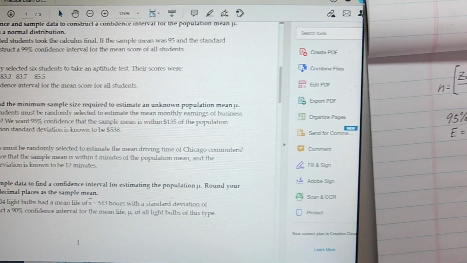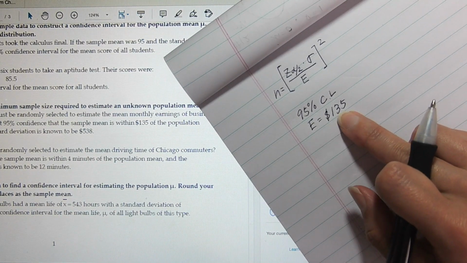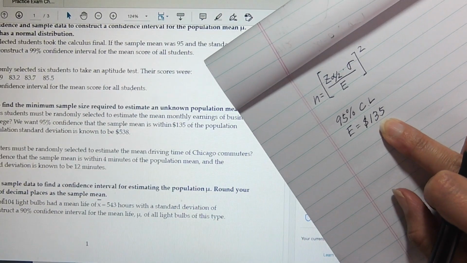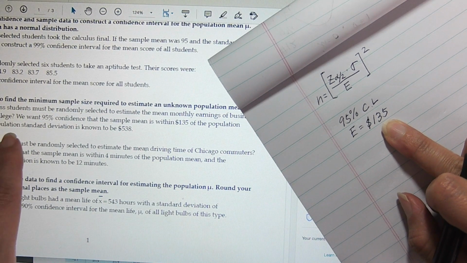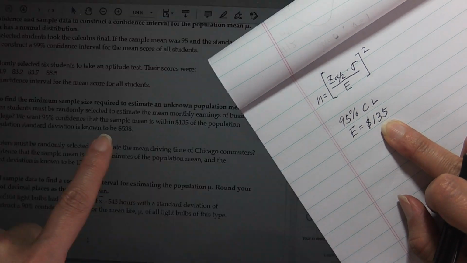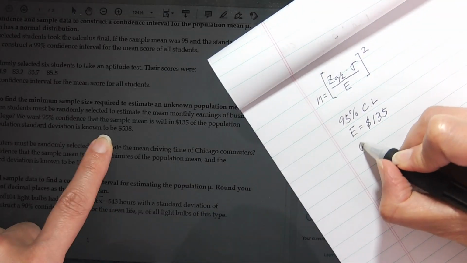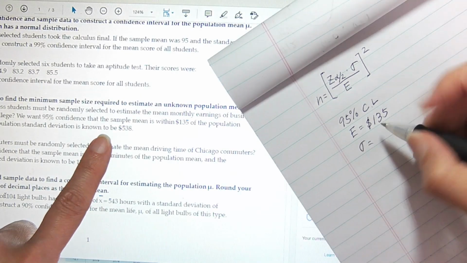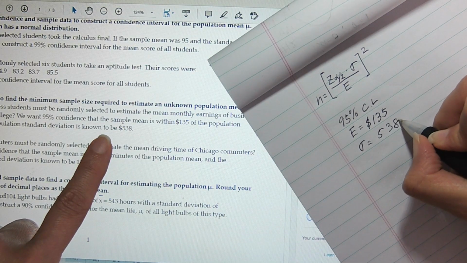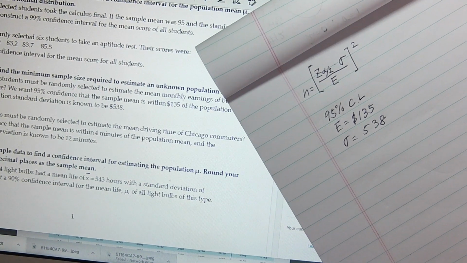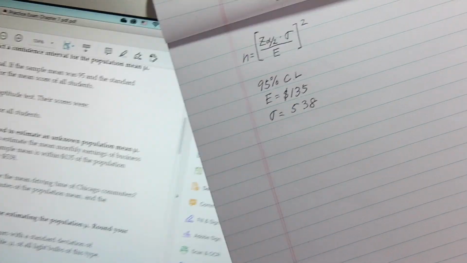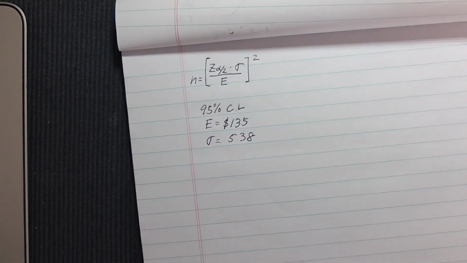Oh, so I have E is 135. Then the population standard deviation is, that's the sigma, 538. Okay? Now that's all the information I need.